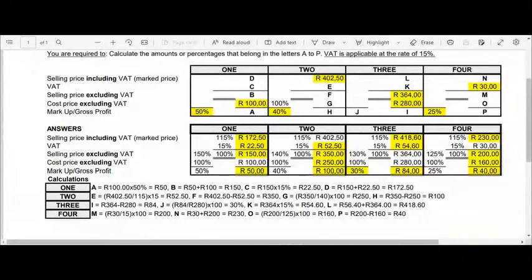Okay, now we've got to go and add the value added tax, ladies and gentlemen. So this represents a factor of 100. We've got to add value added tax at 15%. So we are simply going to type into our calculator on our computer 150 multiplied by 15%. That gives us figure number C, which is 22 Rand 50.